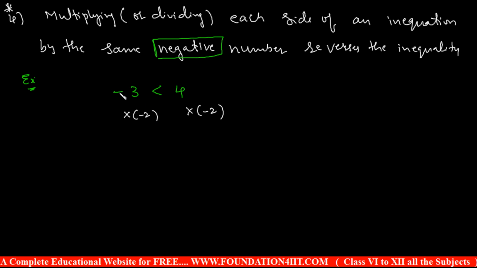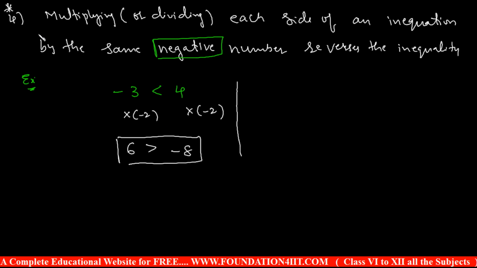Minus 3 into minus 2 is 6, and 4 into minus 2 is minus 8. Now check it: 6 is greater than minus 8. So the less than symbol became the greater than symbol. That's why, when multiplying or dividing with a negative number, we should reverse the inequality. Less than becomes greater than.